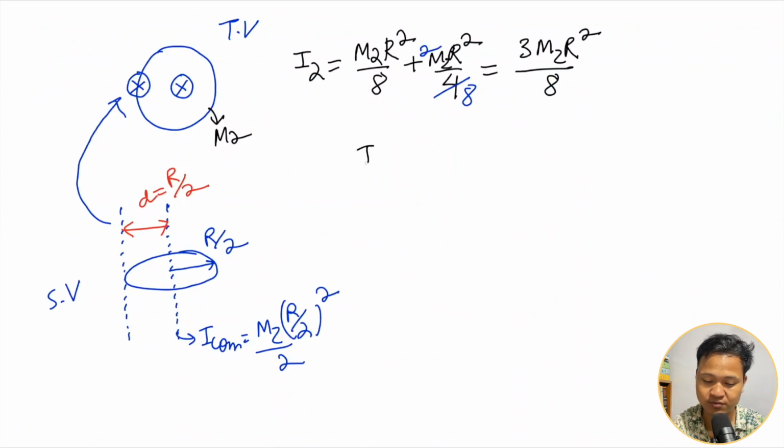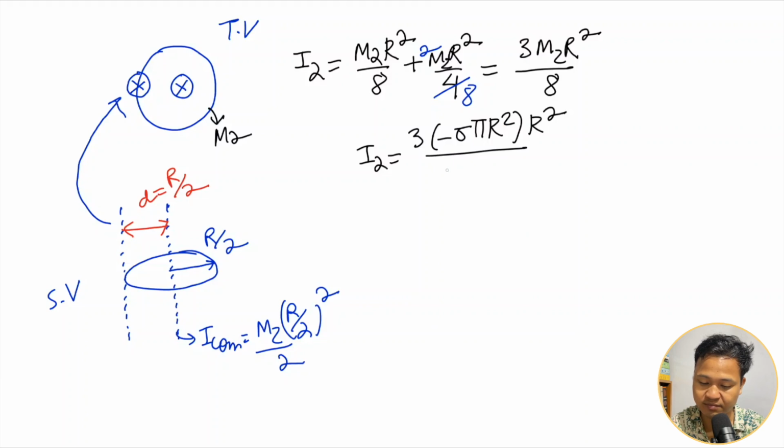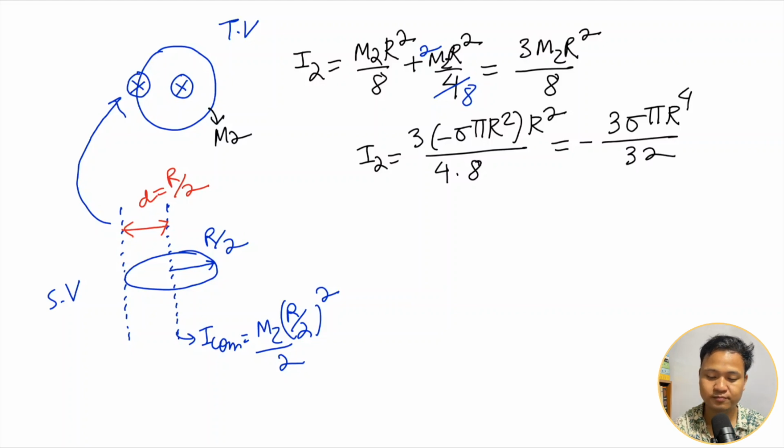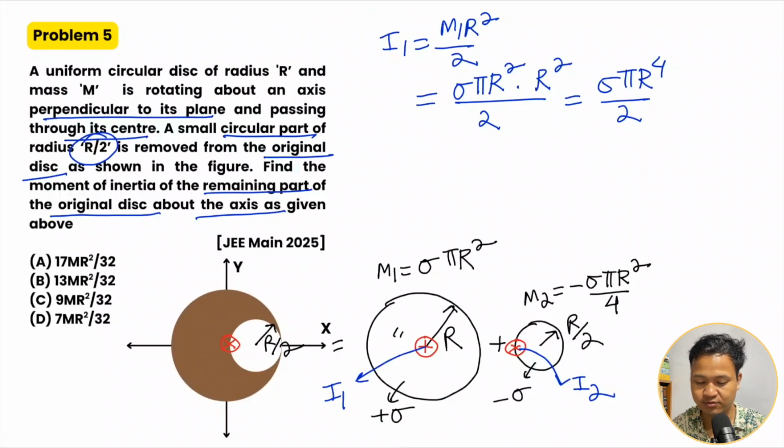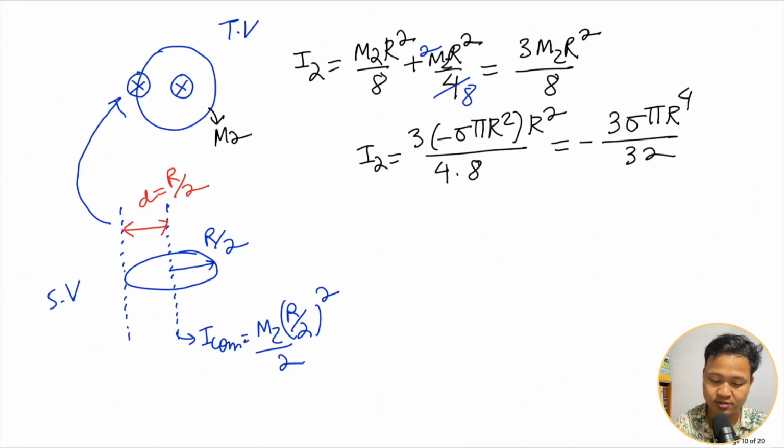Putting the values, I2 is 3 into minus sigma pi r square into r square divided by 4 into 8, so minus 3 sigma pi r power 4 divided by 32 is I2. I1 and I2 are added, so the net I_net is I1 plus I2.